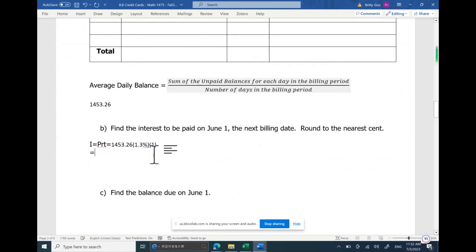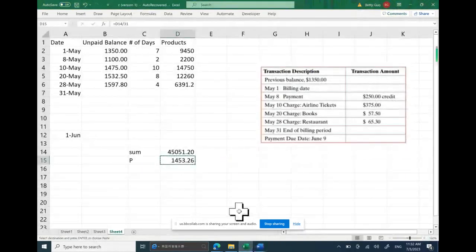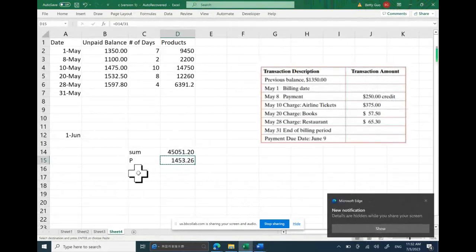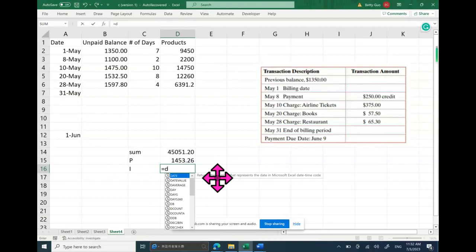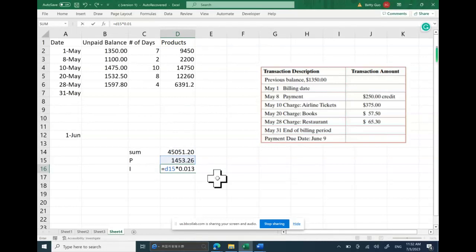Of course you can calculate it manually, or I can just operate here. I'm going to enter I for interest. I use the P, which is D15, multiplied by 0.013.